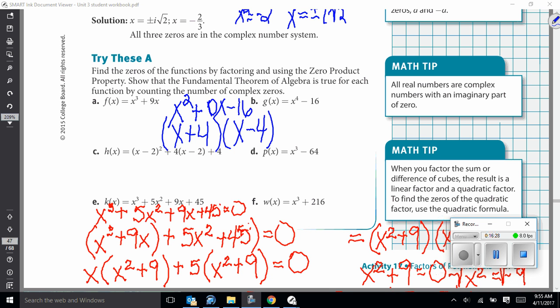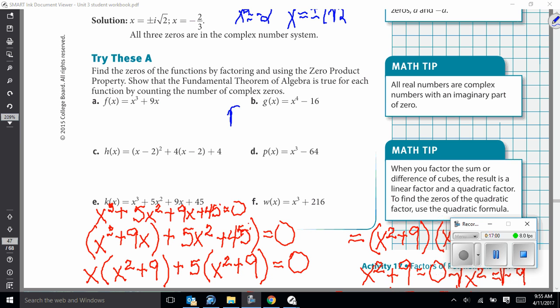Alright, so when we have the difference of two perfect squares, we can square root the first term and we can square root the second term. The square root of our a term is going to be the first thing in our parentheses, and the square root of the second term is going to be the second number, but they're going to have opposite signs, and that enables when we do the addition for the FOIL or box method, our middle term cancels out.